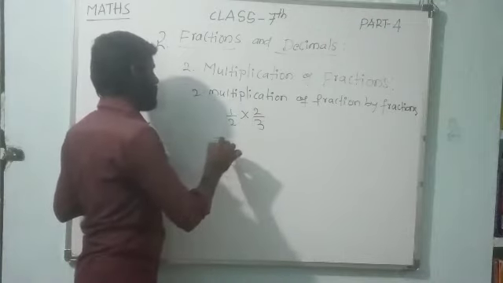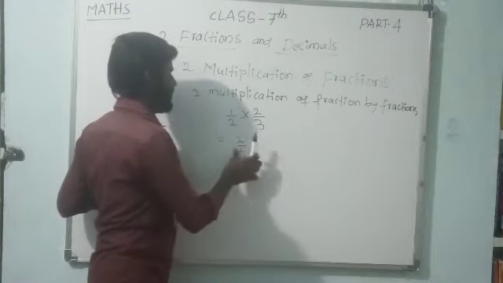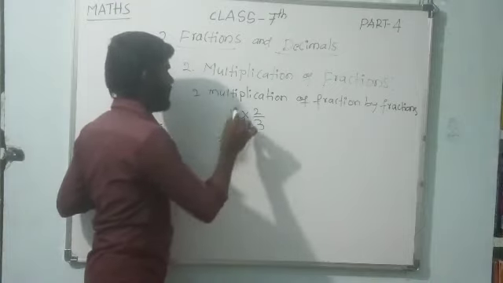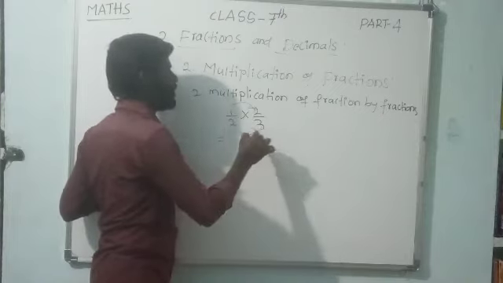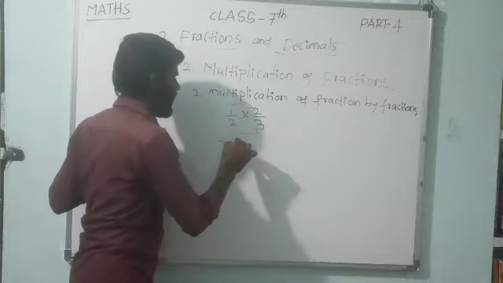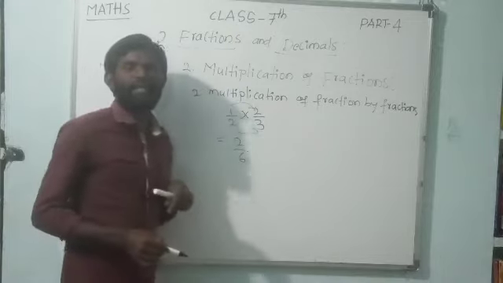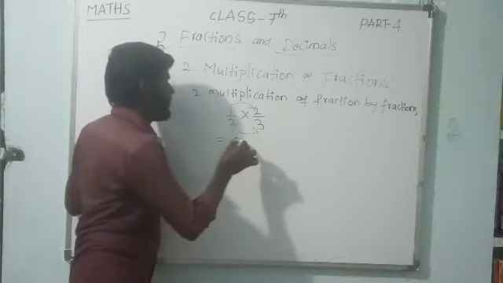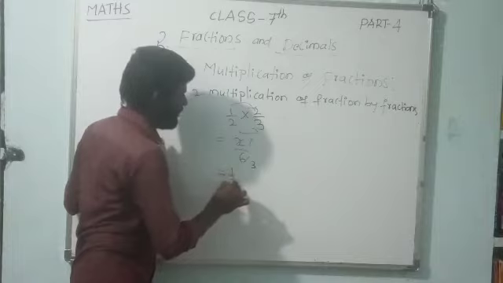We have to multiply numerator to numerator, denominator to denominator. 1 2s are 2, 2 3s are 6. Further you can make it cancel. 2 1s are 2, 2 3s are 6. Answer is 1 by 3.